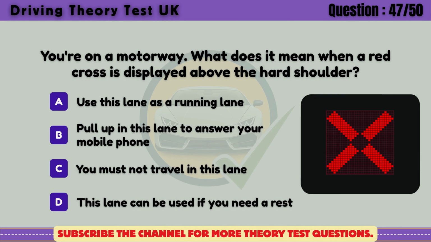Question 47. You're on a motorway. What does it mean when a red cross is displayed above the hard shoulder? Option A. Use this lane as a running lane. B. Pull up in this lane to answer your mobile phone. C. You must not travel in this lane. D. This lane can be used if you need a rest.